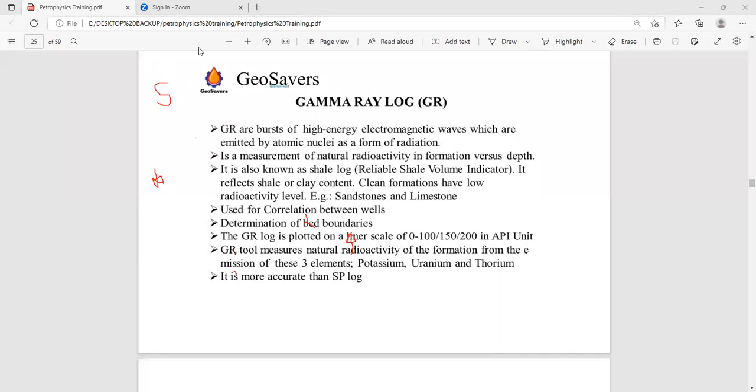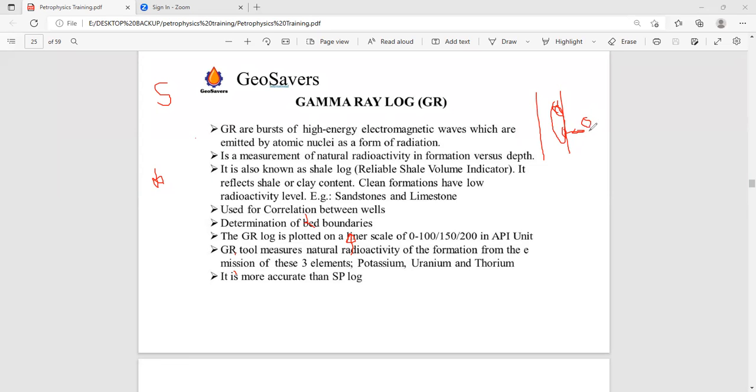So what happens with the gamma ray is, all right, we have our sensor. You have a source. This is what measures the overall effects. The source emits gamma ray into the formation.